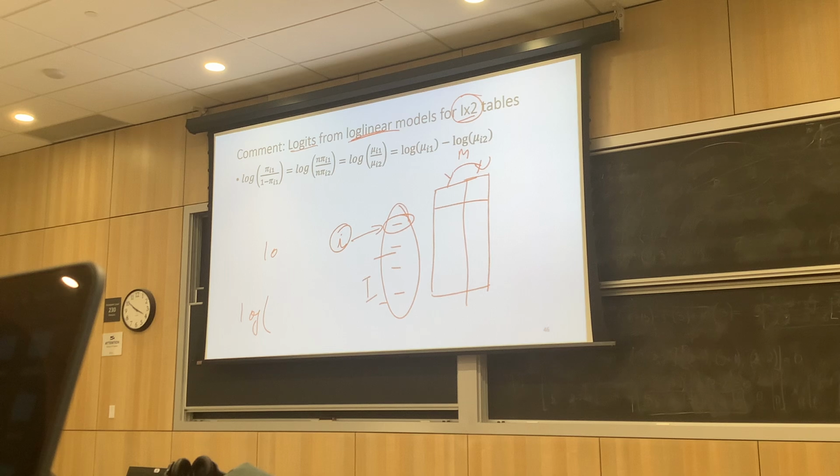Based on that, we want to predict the probability that the baby will be malformed. And for that, we use this: pi, the probability that the baby will be in this category, over 1 minus that same number. These are the odds, the log odds, and we want to predict that one.